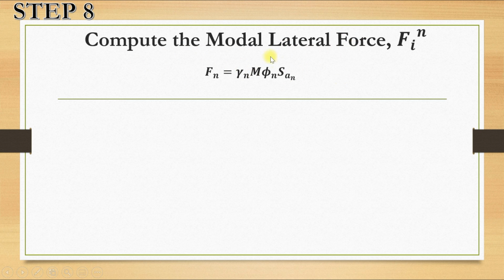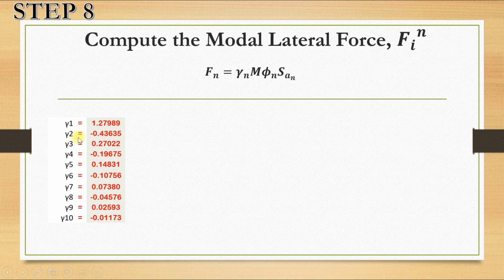So ito yung gagamitin natin na formula, the Fn, which is equal to gamma n, or the modal mass participation factor, and the m, which is mass, and the Vm, or the mode shape vector, and the spectral acceleration n.